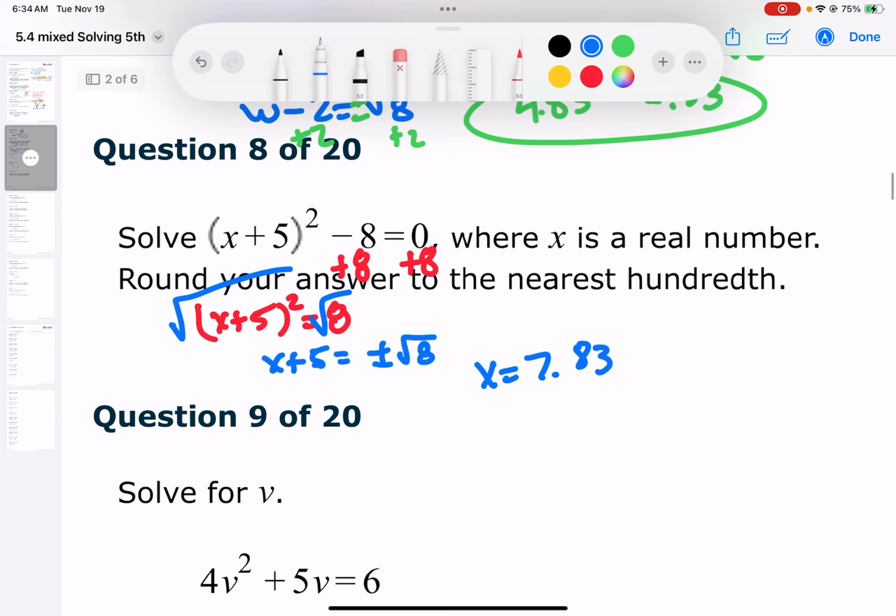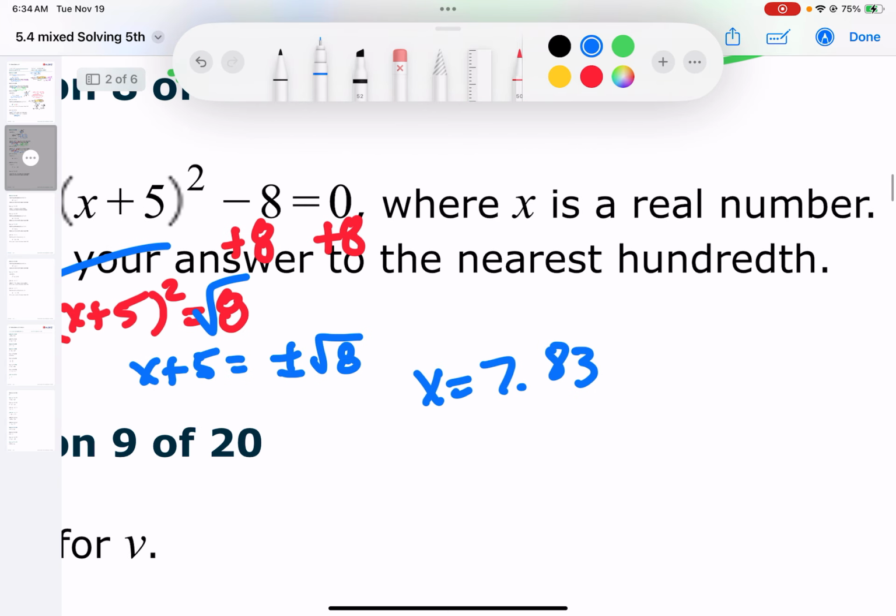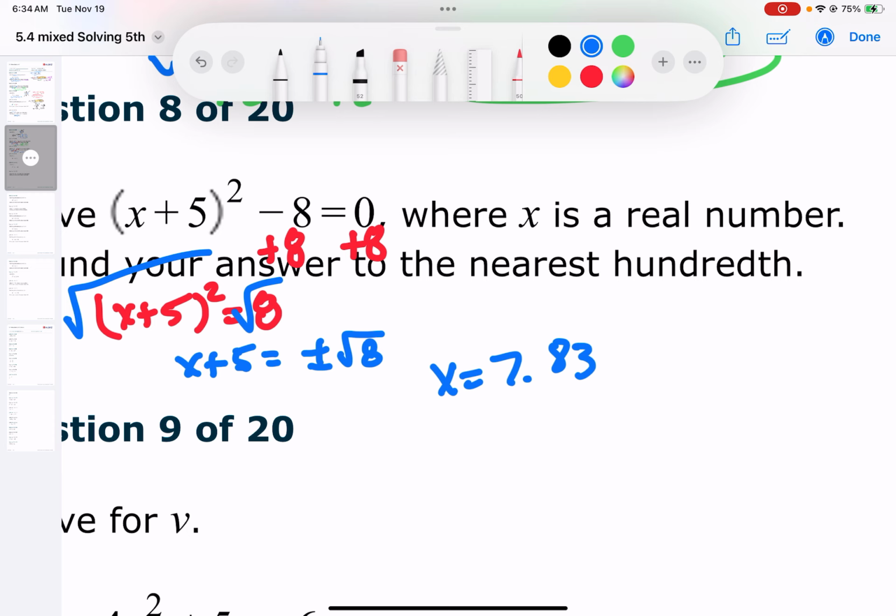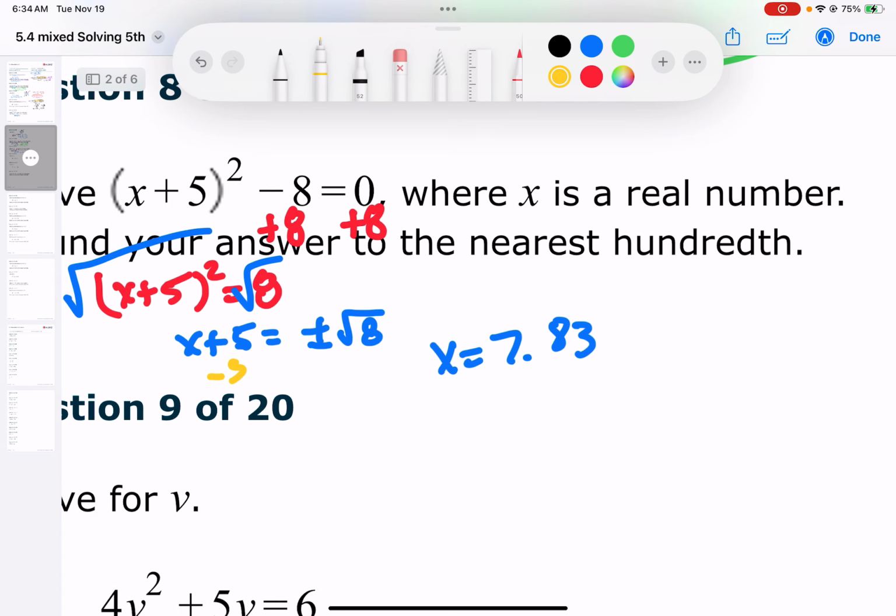What number is this one? This one's 8. Oh, I lied. I got a minus 5. Okay, it's really close, but.